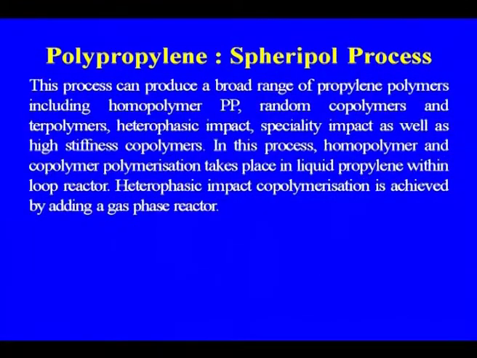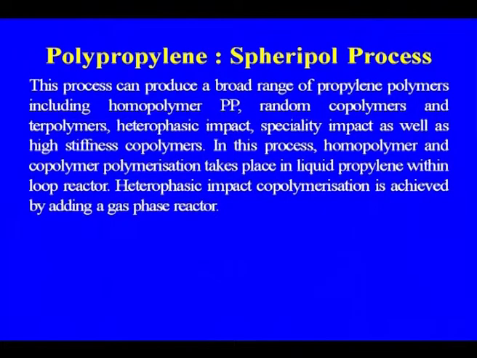This process can produce a broad range of propylene polymers including homopolymer polypropylene, random copolymer, terpolymer, meaning an additional monomer that may be there, heterophasic impact, specialty impact as well as high stiffness copolymer.